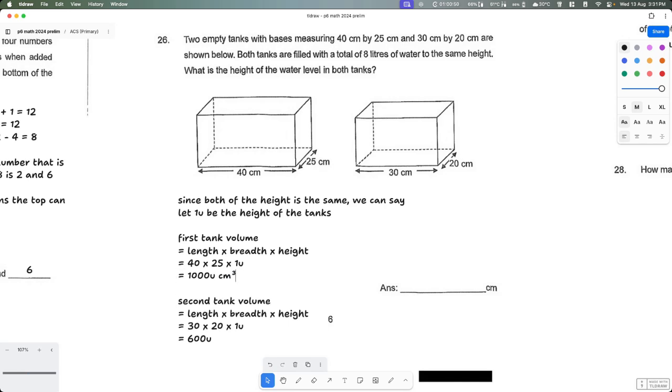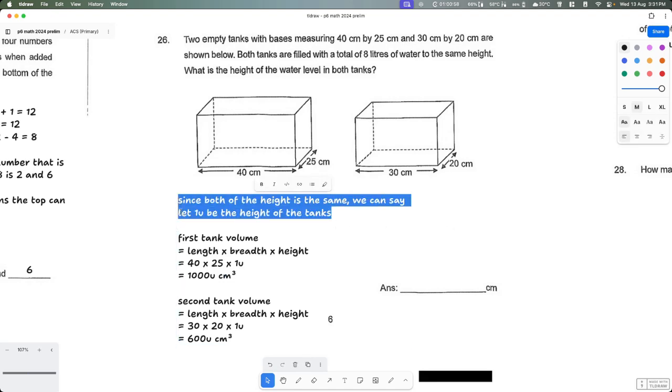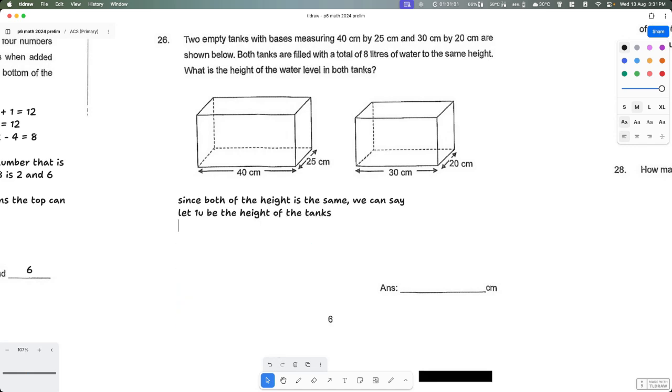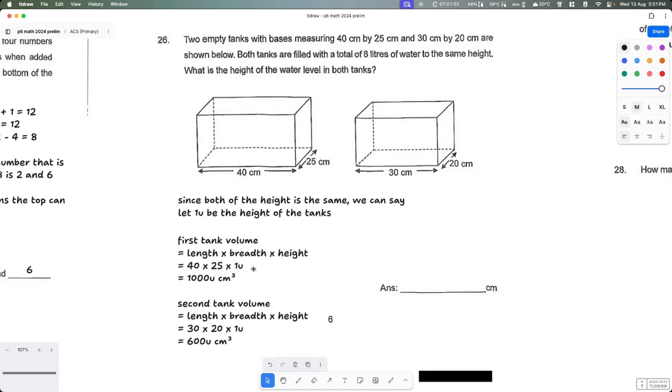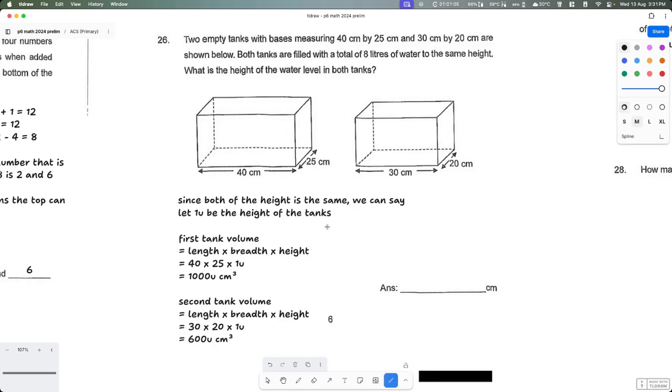Now we know both tanks' volumes and both have the same height. 8 liters is equal to 8000 centimeter cube.